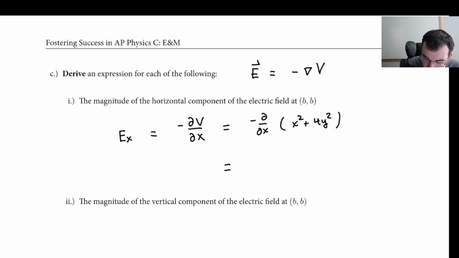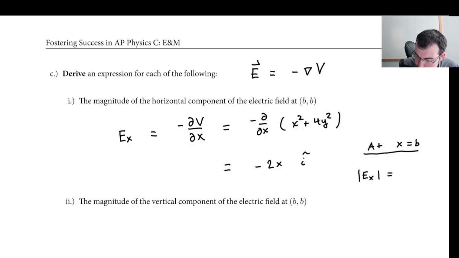So this is going to be negative 2x in the i hat direction. And we want the field at x equals b. So at x equals b, the magnitude of the E field is just going to be 2b.